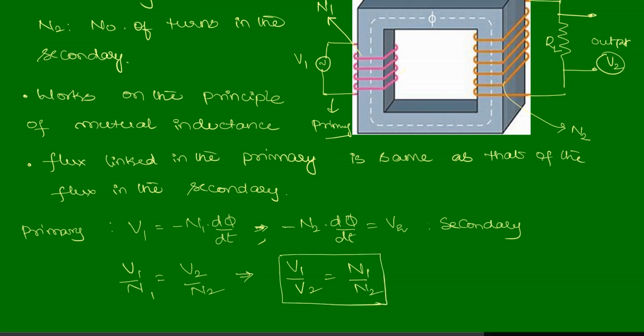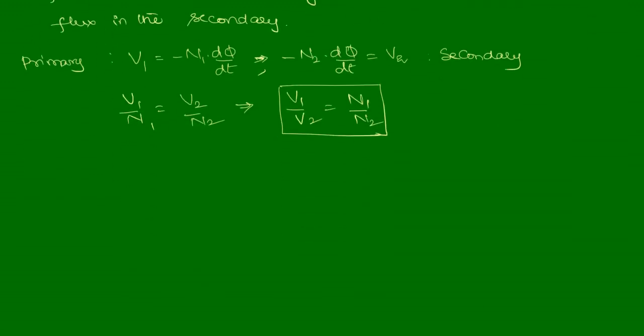So the primary to secondary voltage ratio will be equal to the primary to secondary turns ratio. If N1 is greater than N2, that means the number of turns in the primary is greater than the number of turns in the secondary, then we'll call that a step down transformer.